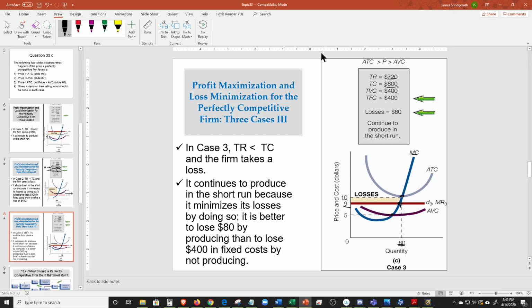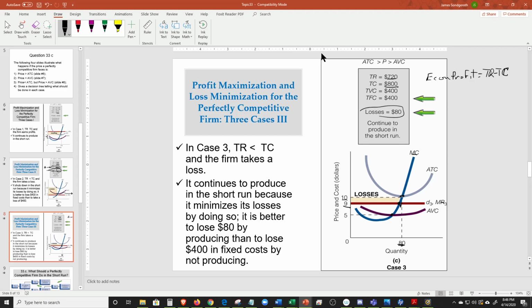If you go 720 minus 800, which is profit, remember, I should have written this out before, economic profit equals total revenue minus total cost. All right. And so that would be 720 minus 800, that's negative 80.